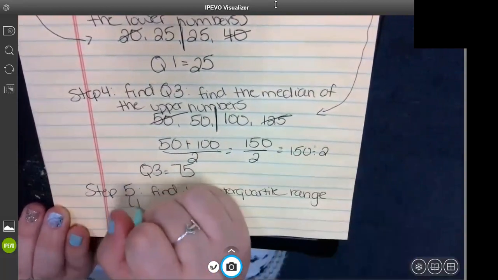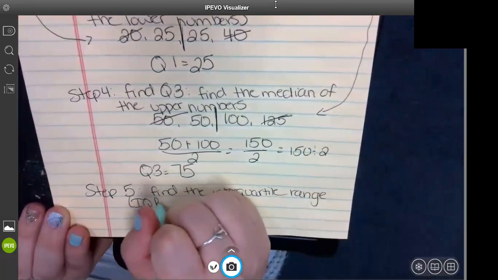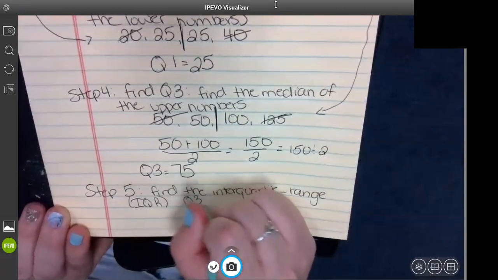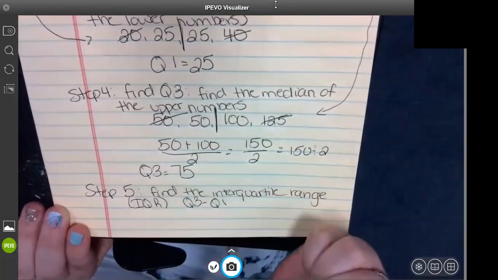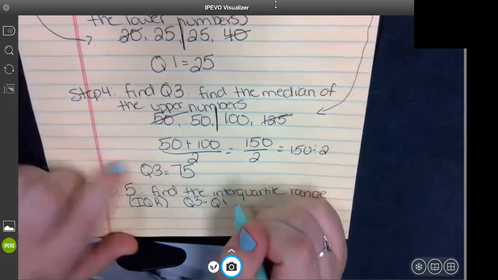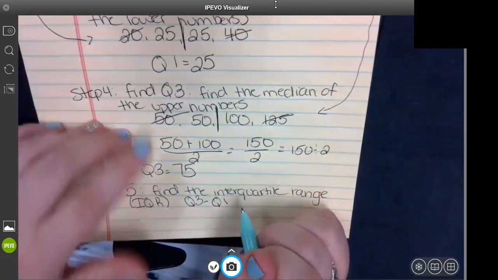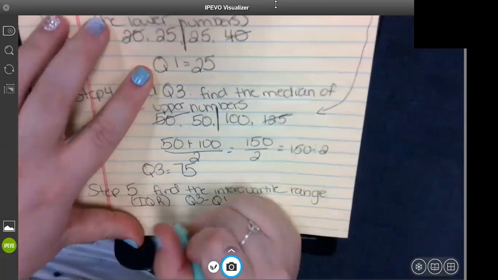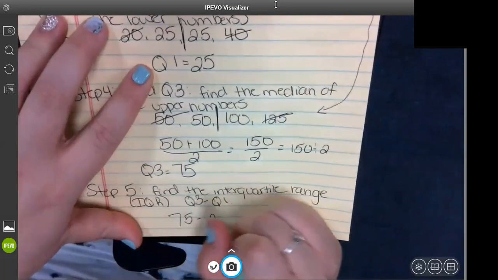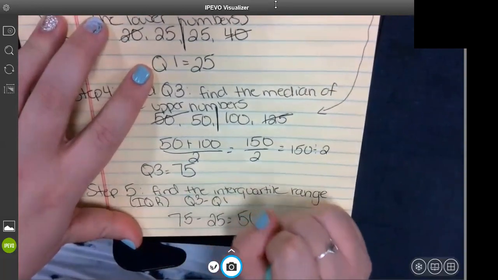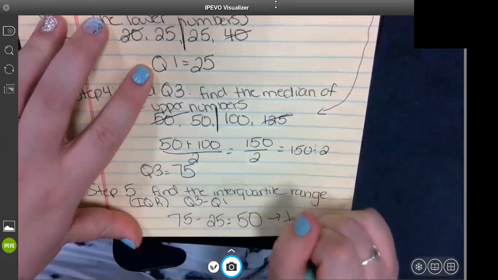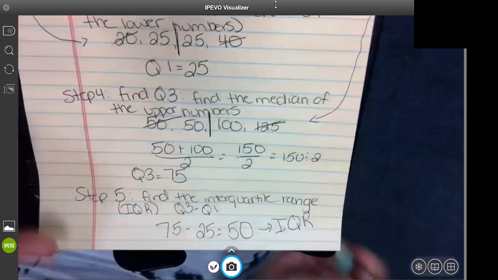Remember, that's IQR, which is Q3 minus Q1. So that's going to be Q3 was 75, Q1 was 25, so 75 minus 25, which gives us 50. So that is our interquartile range.